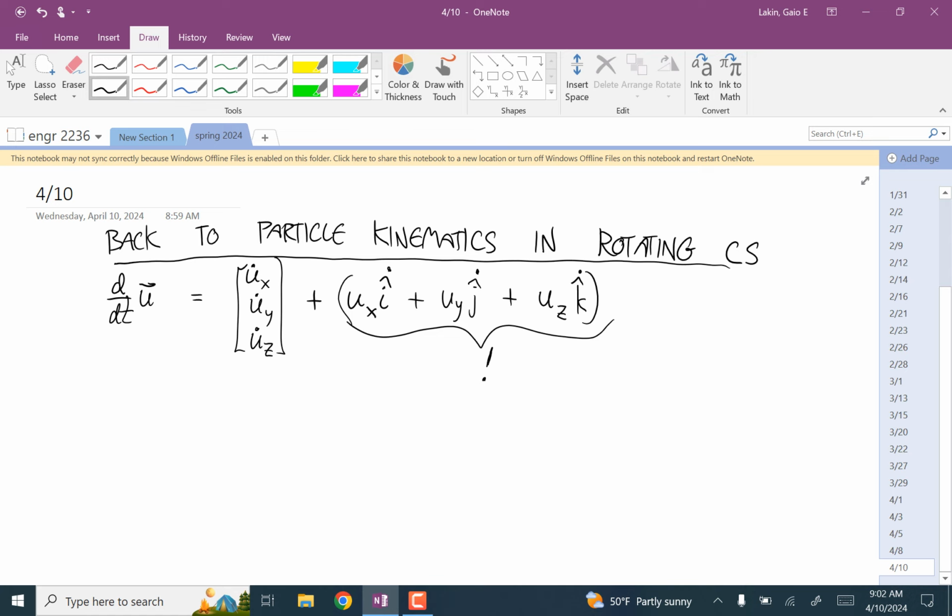And so I went through a little geometric argument for why you can believe that the big result is true. But remember that the big result that we're going to use for everything was a way to calculate the time derivative in a rotating coordinate system. What's that u vector? It doesn't matter. It can be any vector.